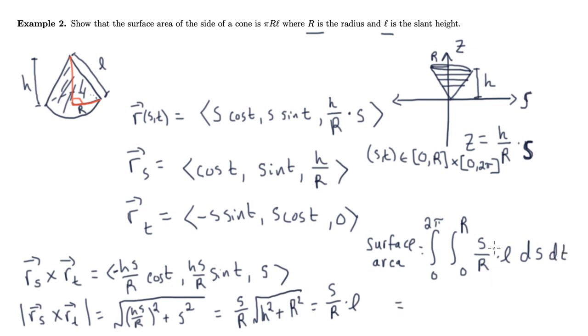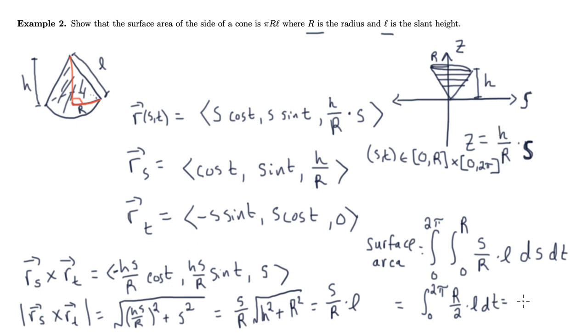But look what happens. Integrating with respect to s, we get s squared over 2, so that becomes r squared over 2, which is in other words, just r over 2 when we divide by r. So this is 0 to 2 pi of just r over 2 times L, and then, of course, dt. But then, when we integrate with respect to dt, we just end up multiplying by 2 pi.